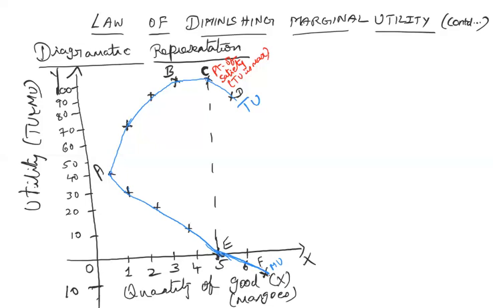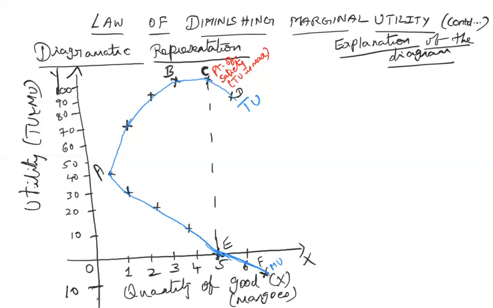Now we have to give the explanation of the diagram. Just how we explain the table, the same way whatever we exhibited in the diagram has to be mentioned in the form of explanation, in the form of sentences.